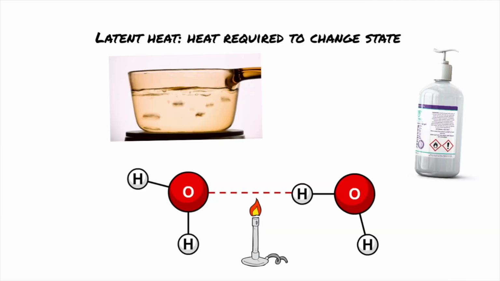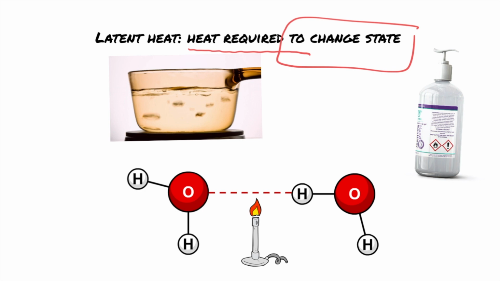We'll continue to talk about properties of water molecules that are related to hydrogen bonding. Another property is the high latent heat of water. What is latent heat? Latent heat is how much heat it takes to change the state of a liquid from liquid to gas, basically. In the case of water, the latent heat is quite higher than usual.